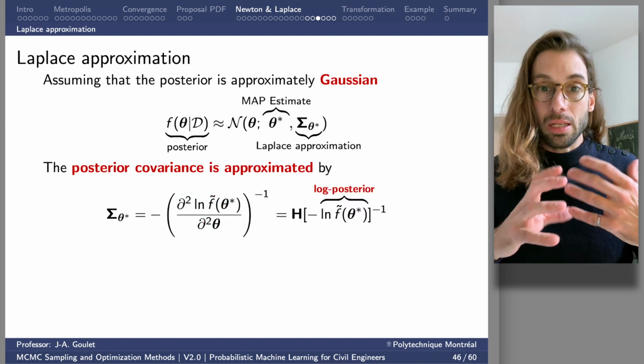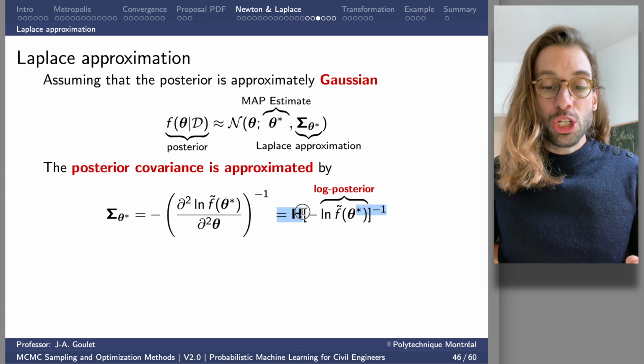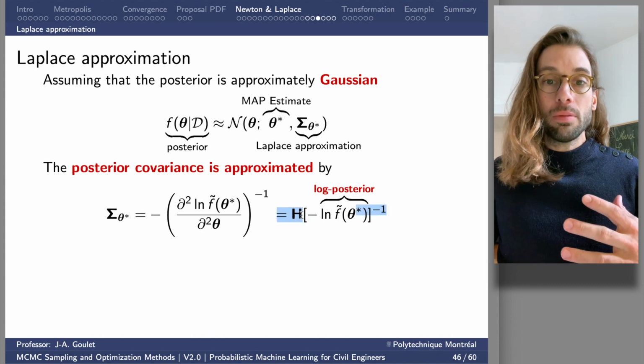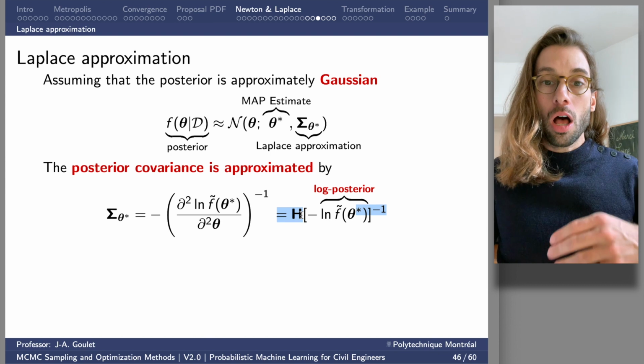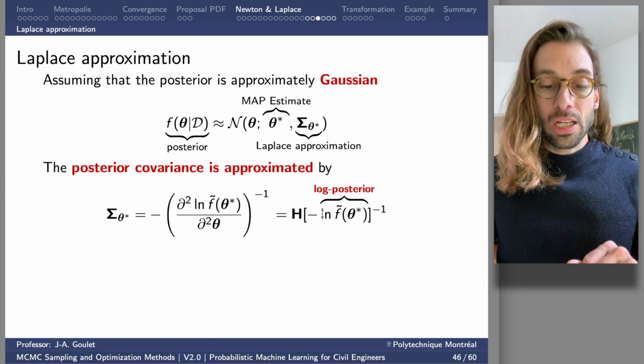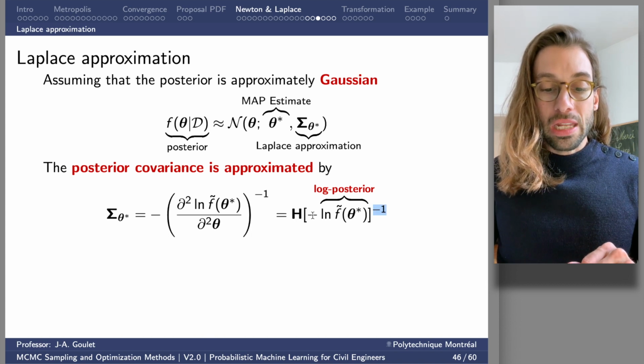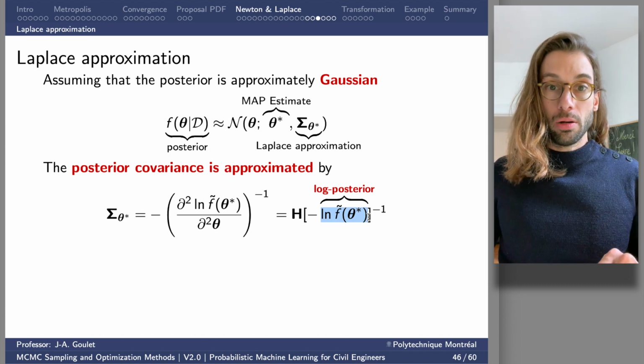These second order derivatives are actually described by my Hessian matrix. A Hessian matrix is a matrix that contains all the second order partial derivatives for my problem. So in this case, it is the inverse of the Hessian of the negative of my log unnormalized posterior.